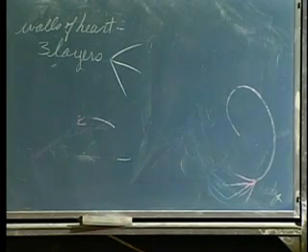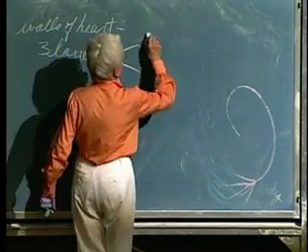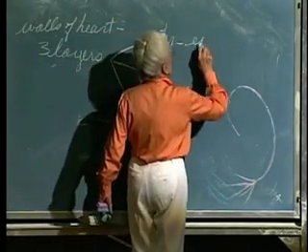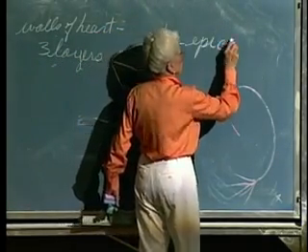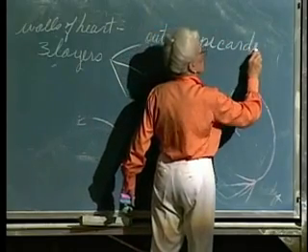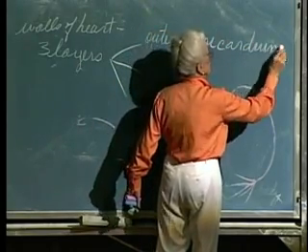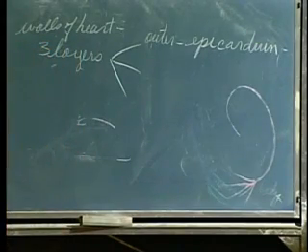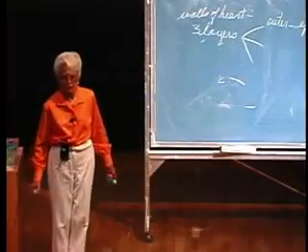We'll have the outer layer. It is the epicardium. Epi, upon the heart. The middle layer is muscle, so what are you going to call it?